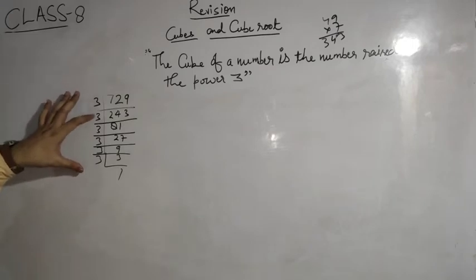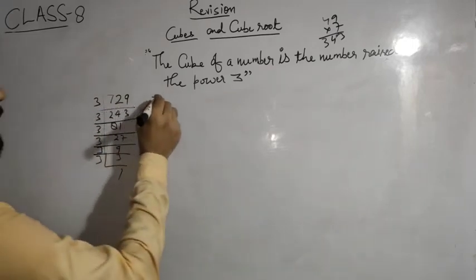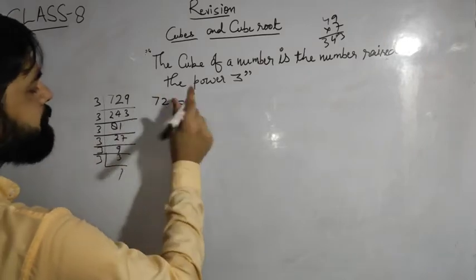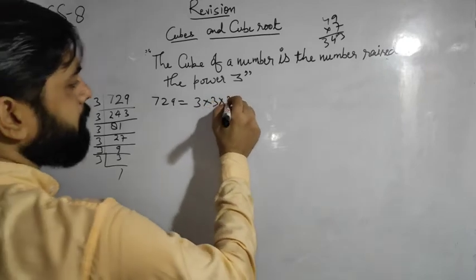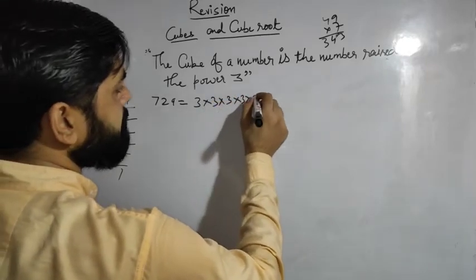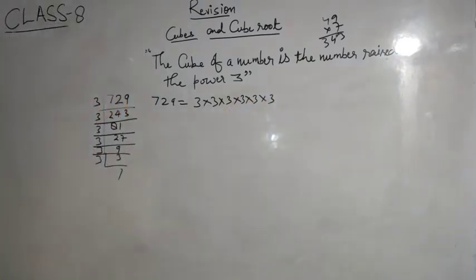So look here, 1 2 3 4 5 6. Then we write the factors of 729: 3 multiplied by 3, multiplied by 3, multiplied by 3, multiplied by 3, multiplied by 3. That is 6 threes.